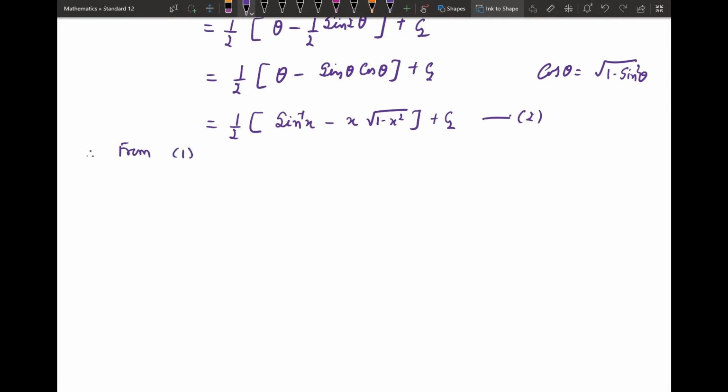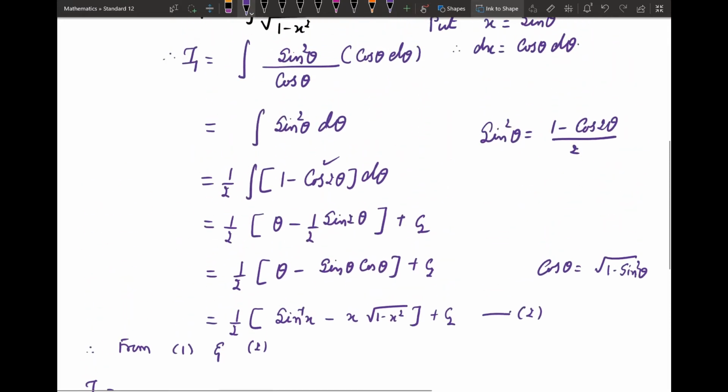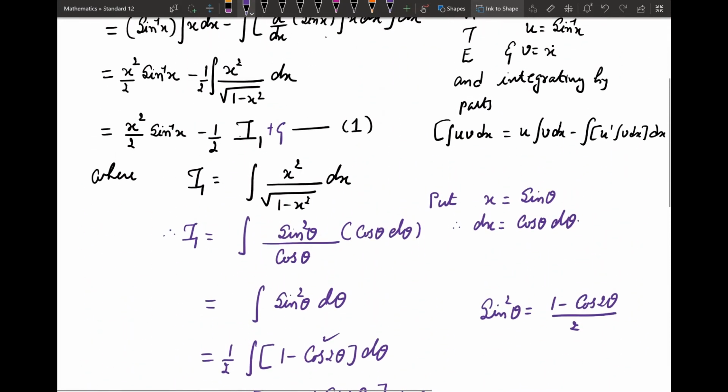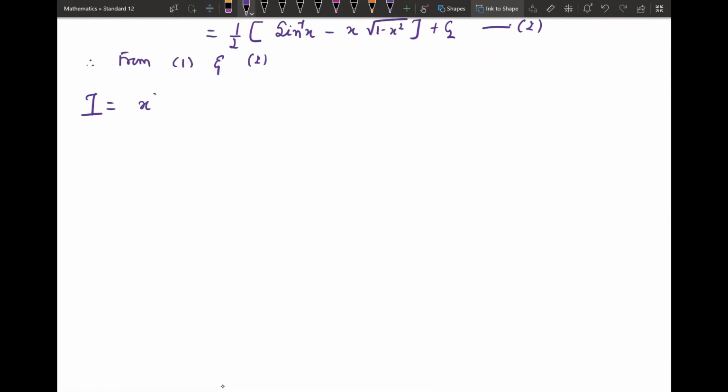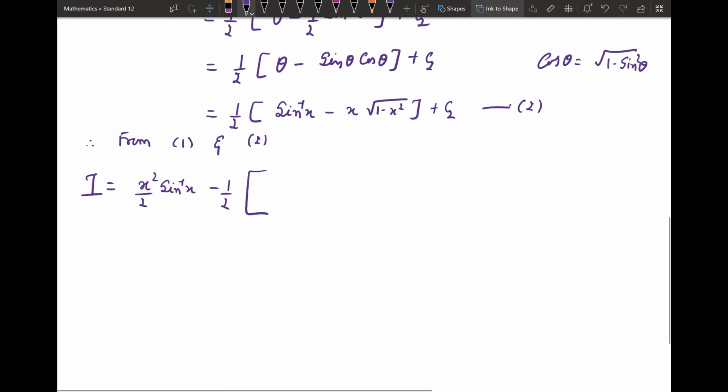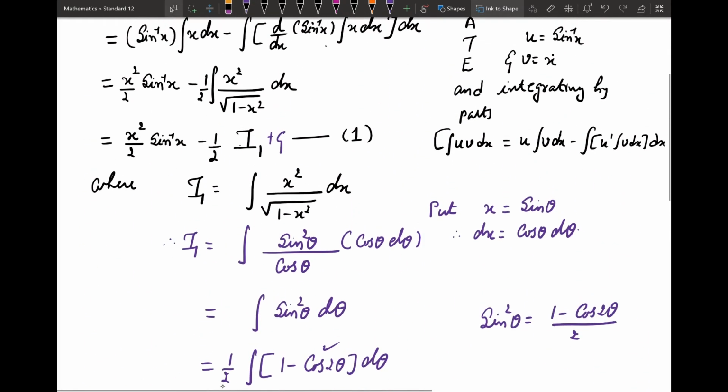And therefore from 1 and 2, integration I equal to x square by 2 sin inverse x minus 1/2 into I1.